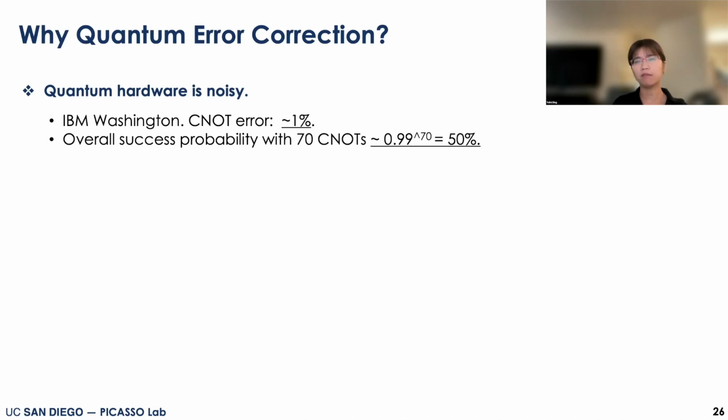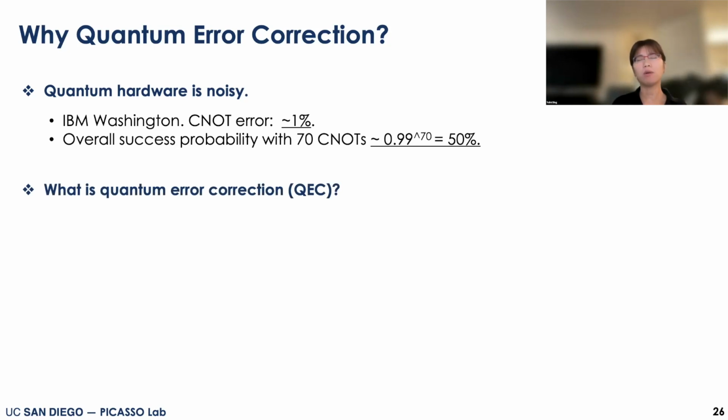You can see that when you have more two-qubit gates in your program, your correct result can be buried in the random noise. So quantum error correction code tries to protect our program running on these noisy machines.